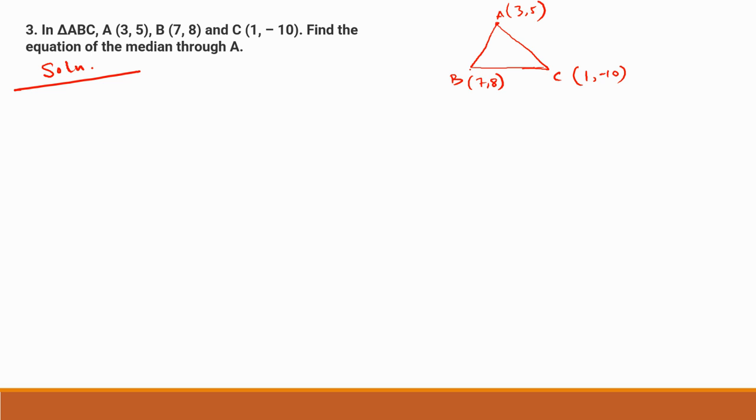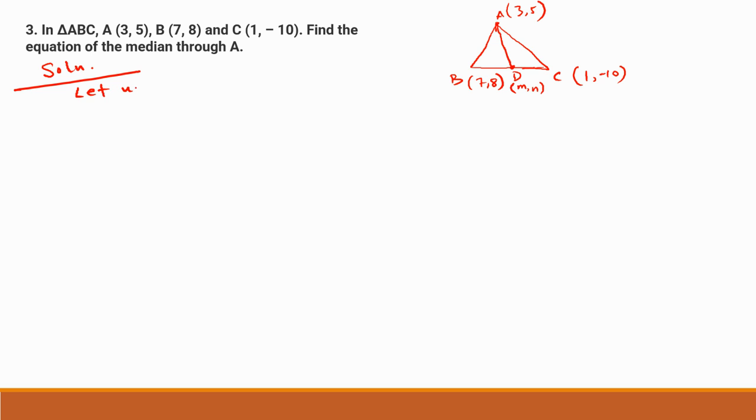Median means the midpoint of B and C, let's say, is this point D. So you have to find the equation of AD. So what will be the midpoint of B and C? First, let's say the midpoint of BC is M comma N.